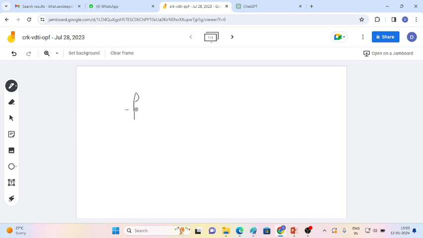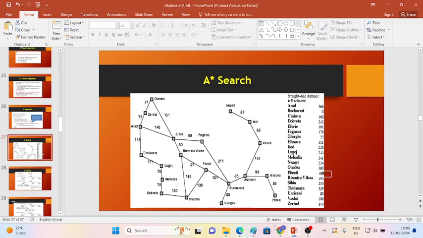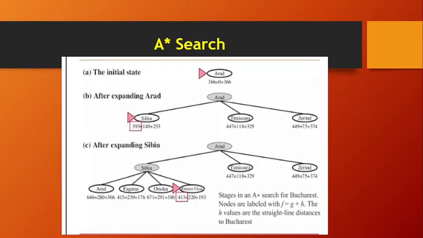So f of n equals path cost 140 plus heuristic value 253. The answer is 393. You can check here, it is 393. Similarly for the other two cities.